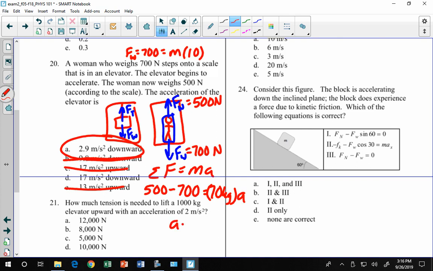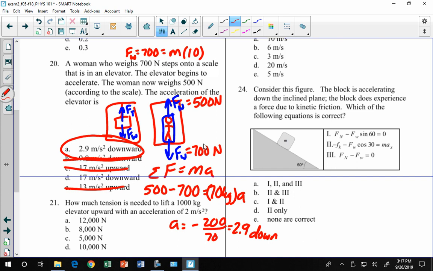So a is equal to minus 200 divided by 70, which is 2.9 down. It's negative 2.9, but the negative means that it's downwards. Okay? You with me on this, folks?